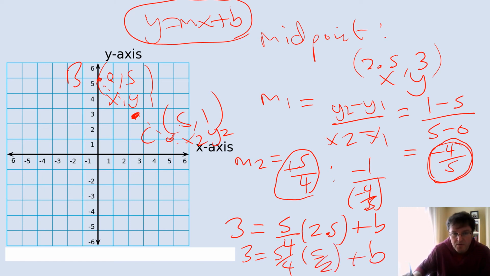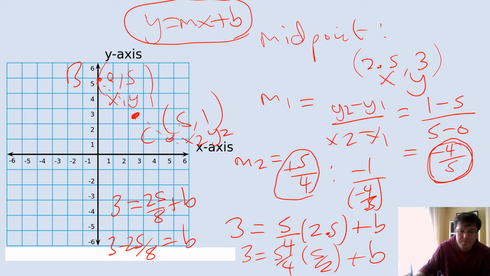I should get 3 equals 25/8 plus b, and then b, subtract that. So that's minus 3 and 1/8. So b is minus 1/8.